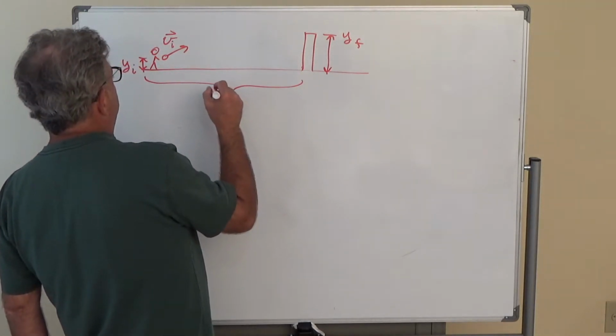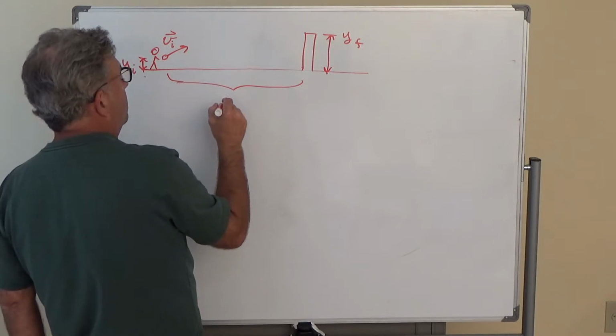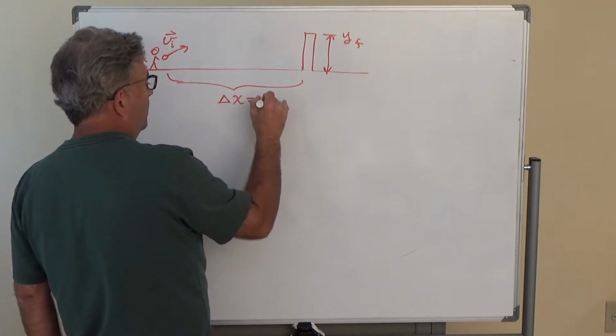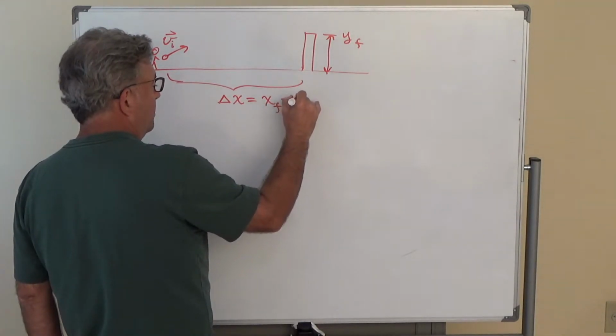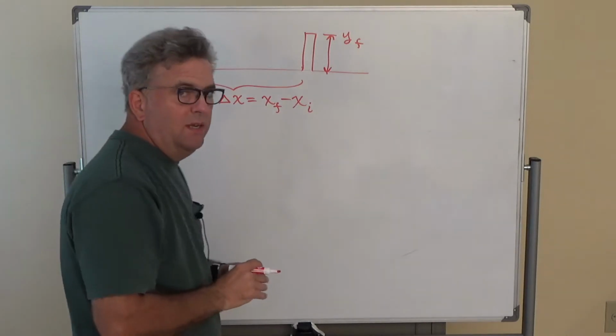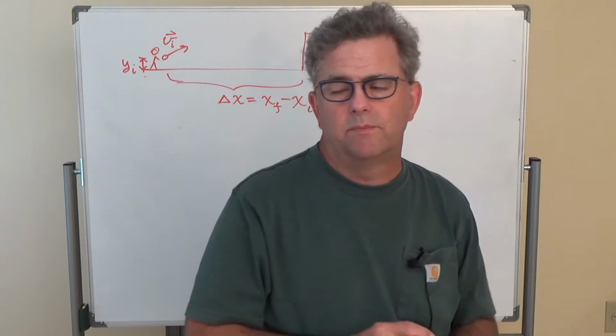This is from the ball to the wall. I'm going to call this delta X, that's X final minus X initial. That happens to be, for my numbers, 136 meters.